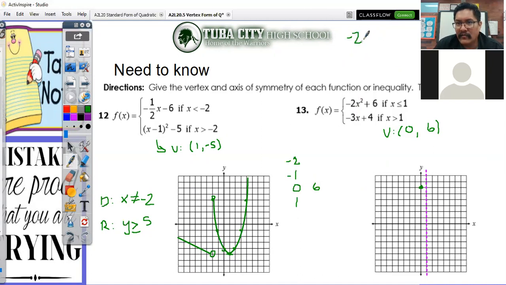So -2 times x. In this case, x will be -1. That'll be our first one to go with. All right, -1 squared is going to be 1. So -2 times 1 plus 6. That's going to be -2 plus 6, and that's going to be 4.